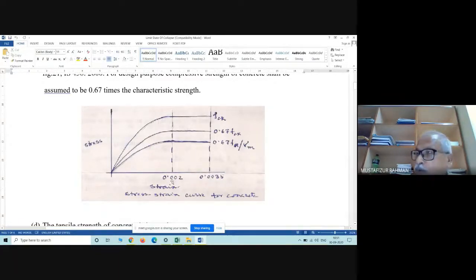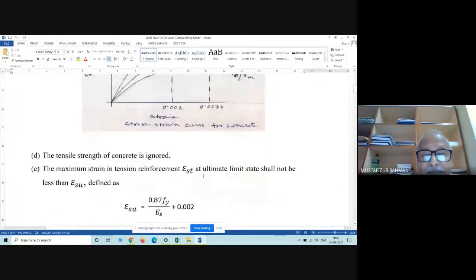That means up to strain 0.002, as strain increases, stress increases. But beyond 0.002, as strain increases, stress remains constant. So from this point to this point is the depth of the member.